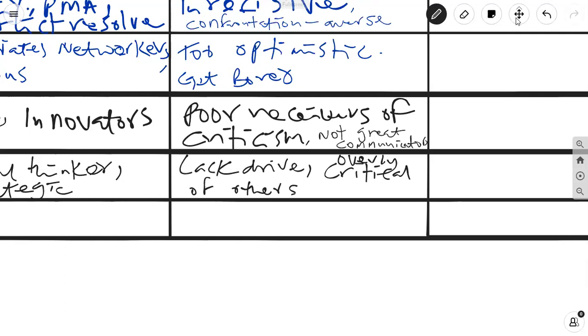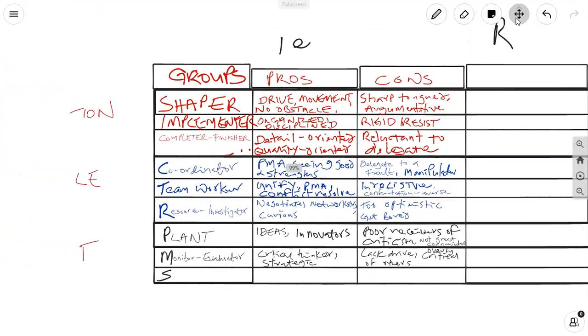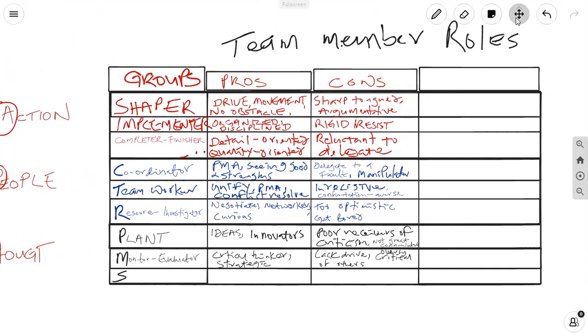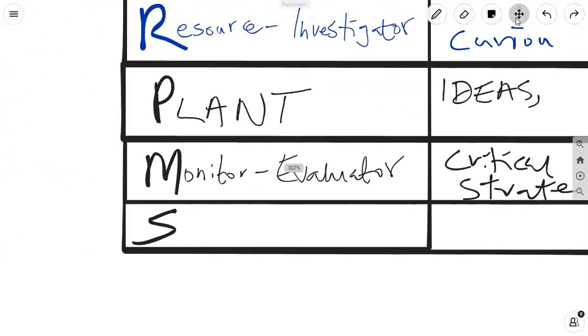And just knowing these behaviors, and trying to stay out of these landmines is going to help your team. You see, that's why we learn this stuff, so that we can stay out of the landmines. All right. Last but not least, final one here is the specialist.